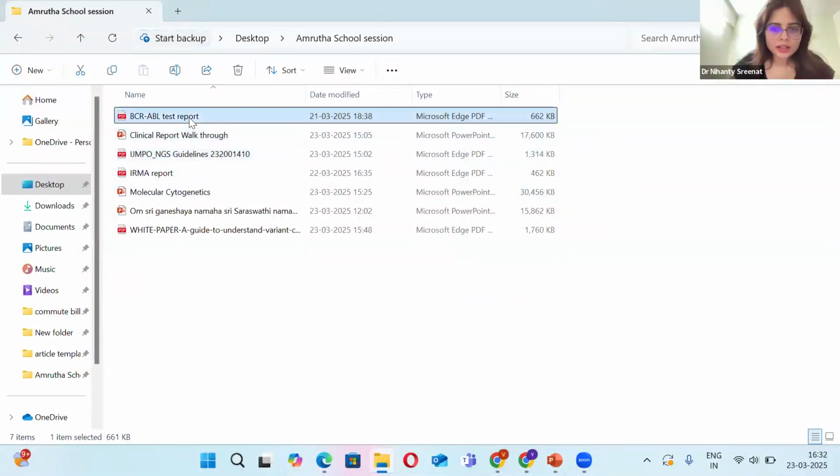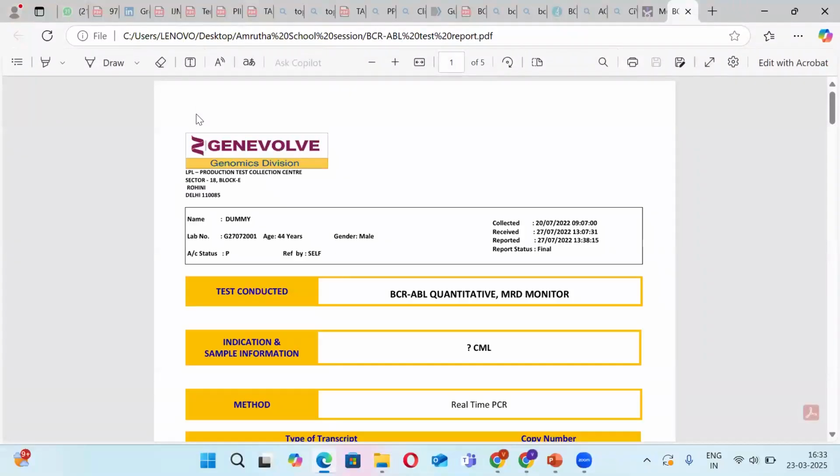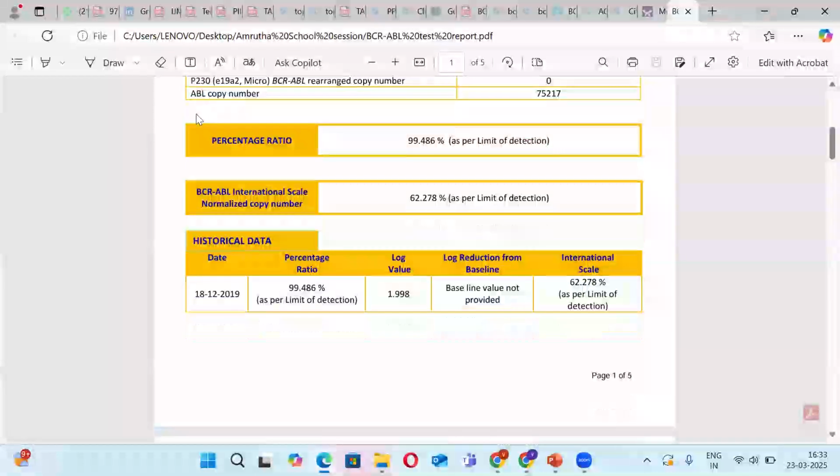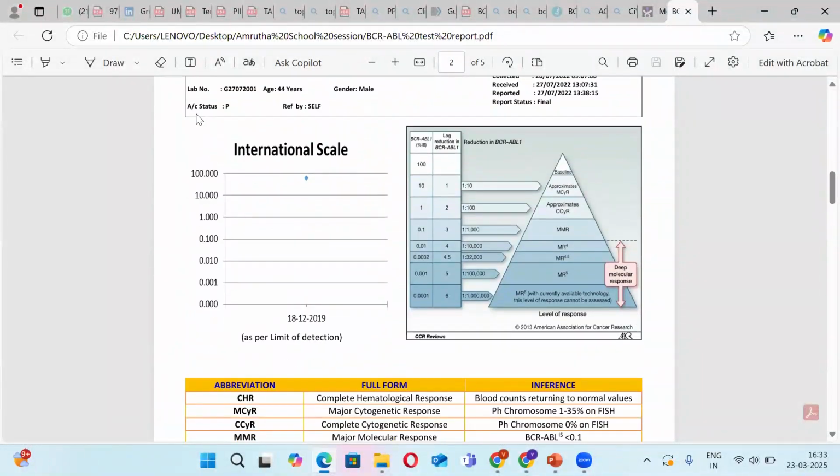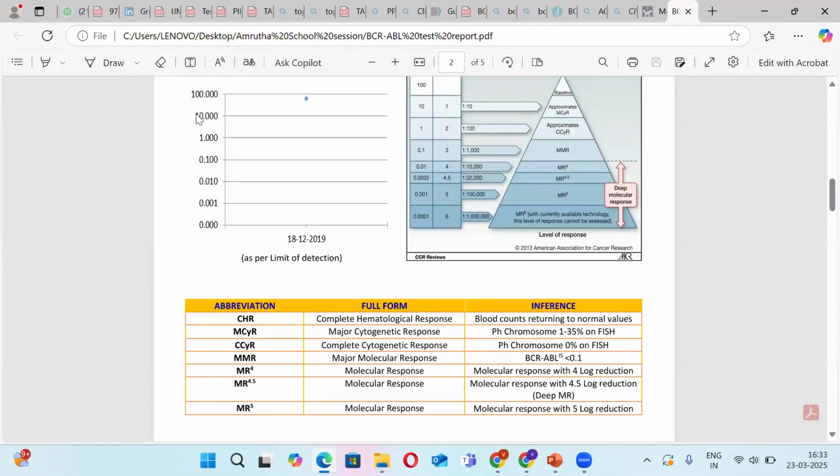That's all. So we all know CML, BCR-ABL, is a very important thing for MRD assessment. And we all know about the cytogenetic response. First is the hematological response, then cytogenetic response, then the complete cytogenetic response, and the major molecular response.